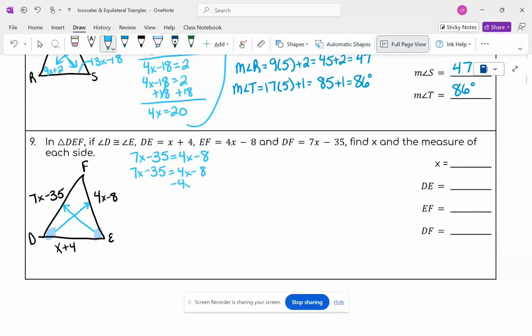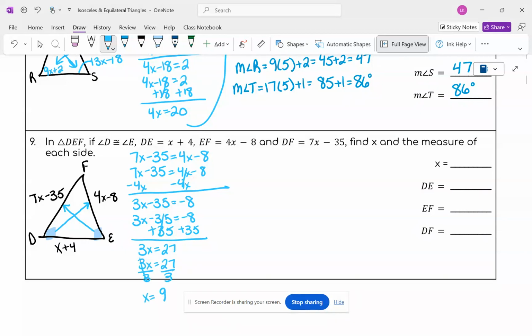We're going to subtract 4x from both sides. 7x minus 4x is 3x. So 3x minus 35 equals negative 8. We add 35 to both sides. So that then 3x equals 27. We divide both sides by 3. And x is equal to 9.